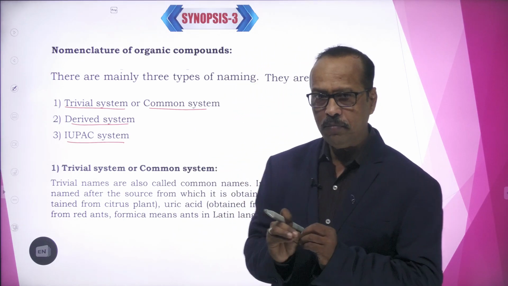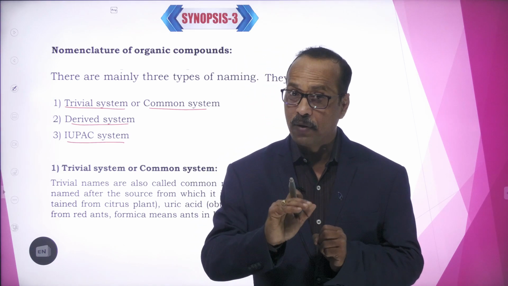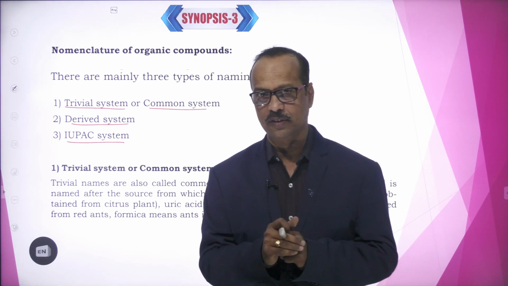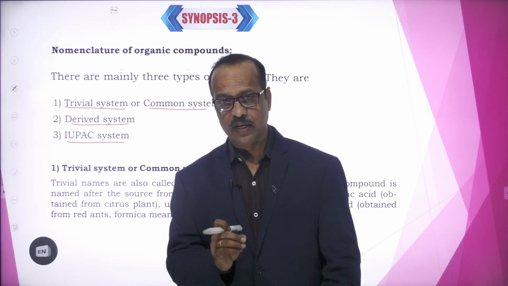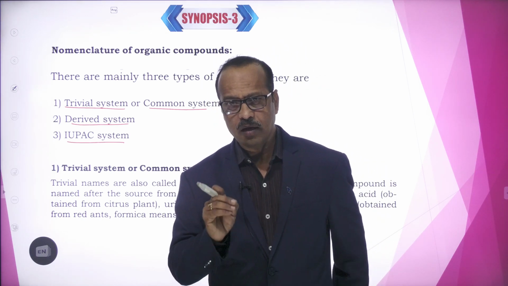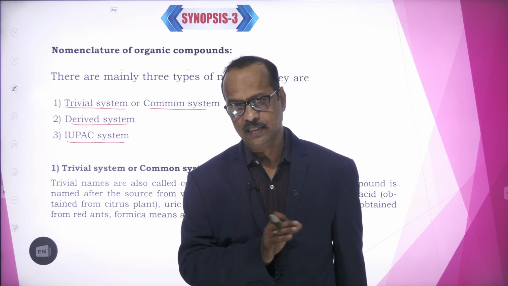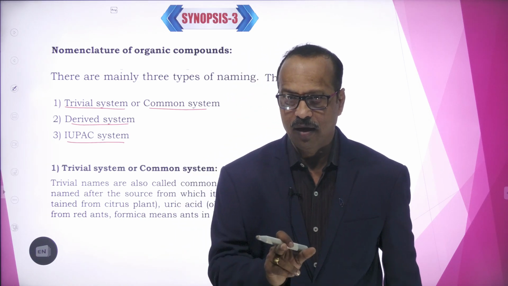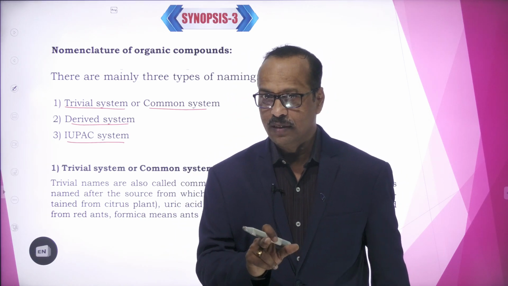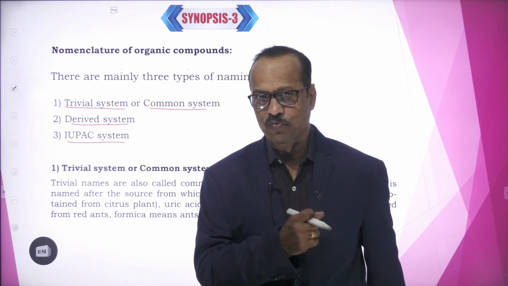Here the name of the organic compound is given based on the source. Based on the source means, for example, from where it is available, like citric acid. The name citric acid is given because that acid is derived from citrus fruit.